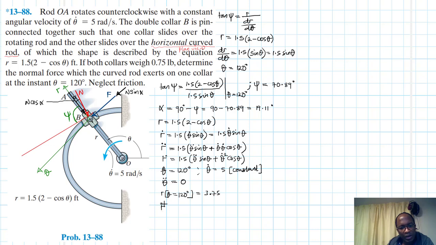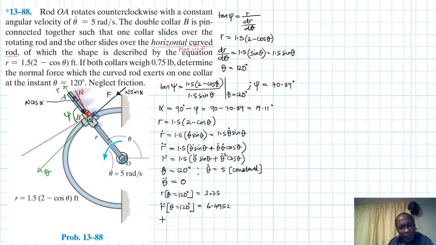And then r dot at theta equal to 120. We have 1.5 times 5 times sine 120. So this gives us a 6.4952.